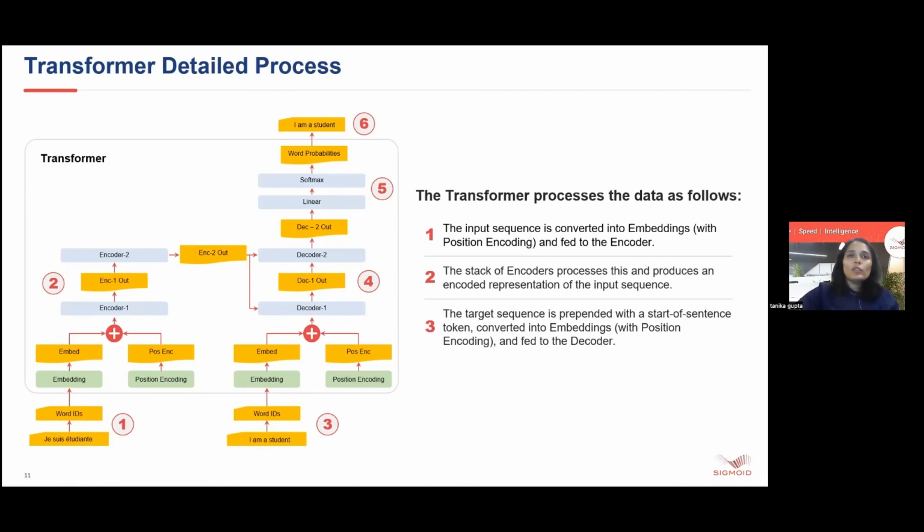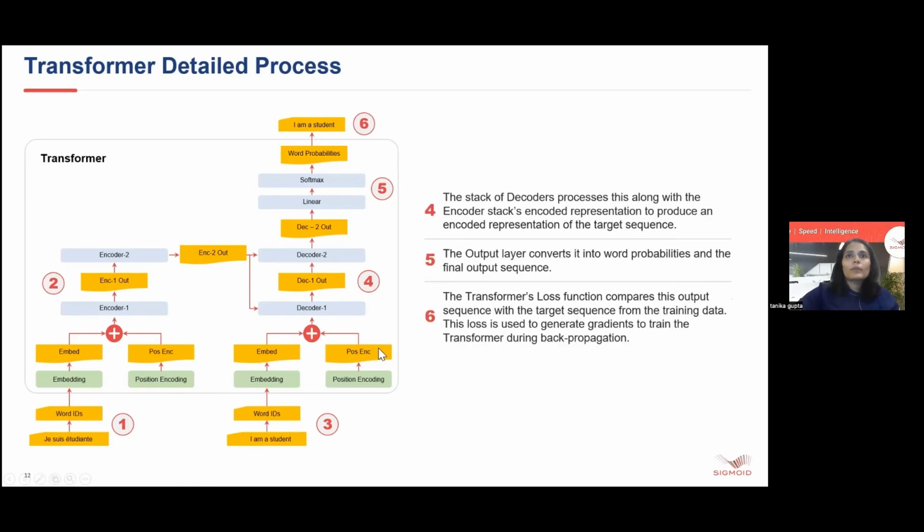Now in your decoder, you have two inputs. One is the embedded representation of the words of the target sequence, and another is the encoded representation coming from the encoder. Now this stack of decoders processes this to produce the encoded representation of the target sequence.